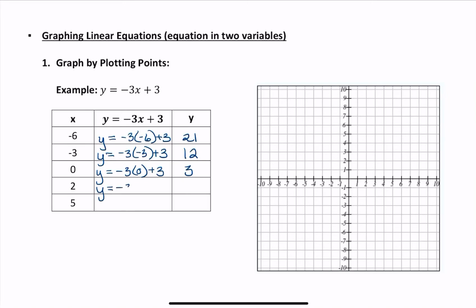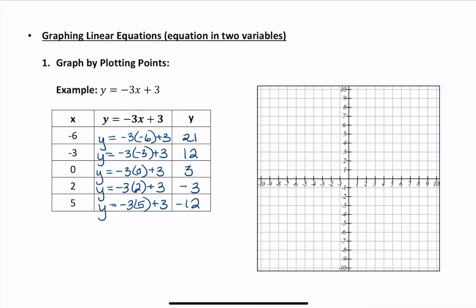I'm going to plug in 2. -3 times 2 plus 3 is going to be -6 plus 3 will be -3. And then if I plug in 5, I get -3 times 5 plus 3. That'll be a -15 plus 3 will give me a -12.